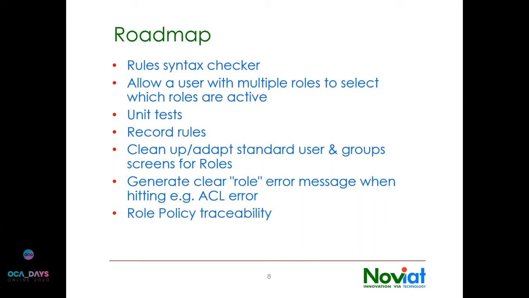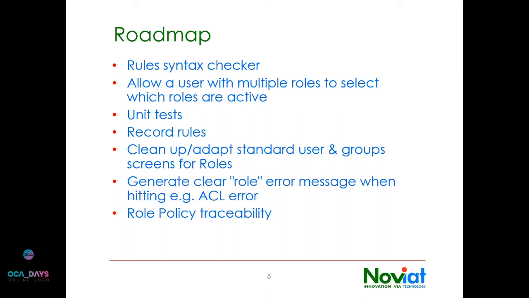Currently, if a user has multiple roles, and that's something we see in any case a lot within the project of the sponsoring customer, let's say a user is a sales manager, but then a colleague goes on holiday, and for a certain period of time he needs to have another role.